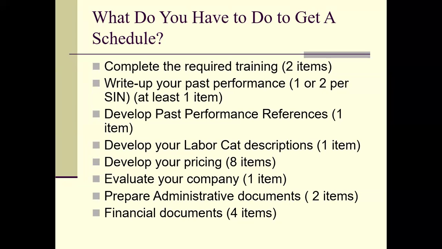These labor categories have to be tied back to your invoices. So if you have these labor category descriptions, you have to be able to say, for IT, I have at least 2 invoices that support that particular labor category.